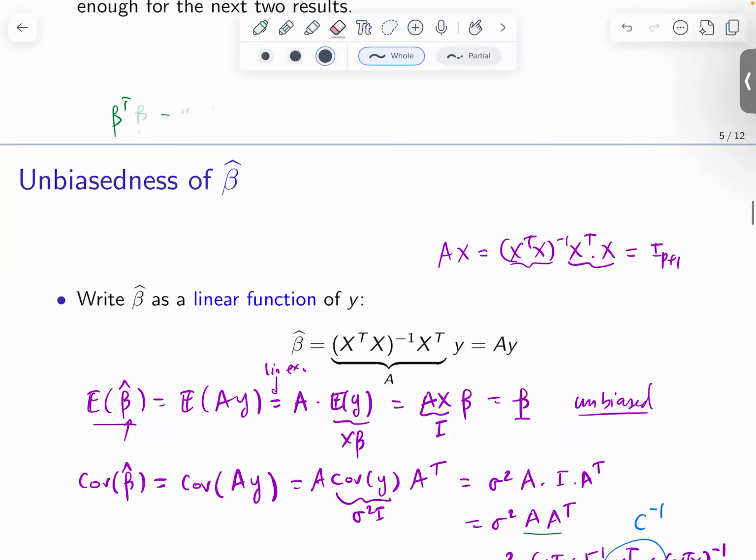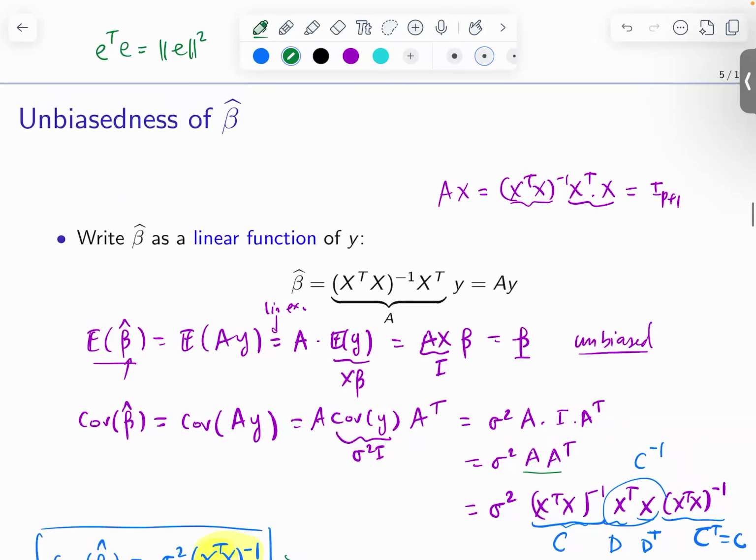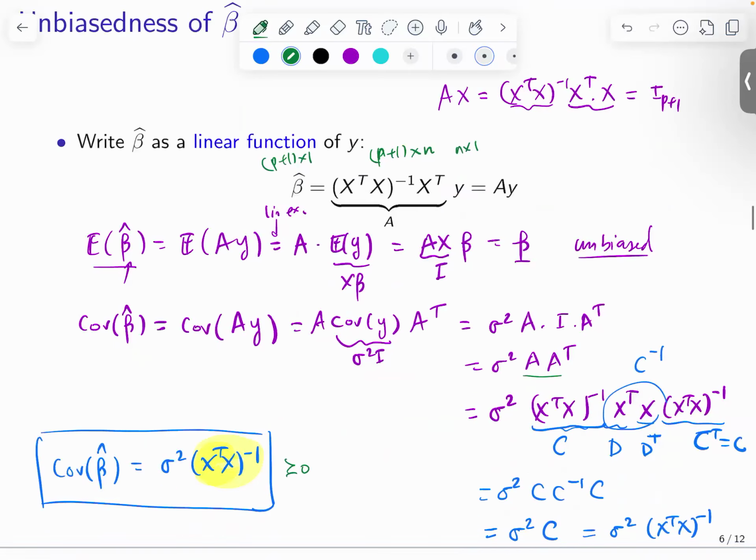Let's do it with epsilon: E is a vector, E transpose E would be the norm of E squared. But A is a matrix, so A transpose is another matrix. A is P plus 1 by N. Y is N by 1. This is P plus 1 by 1. Any other question?